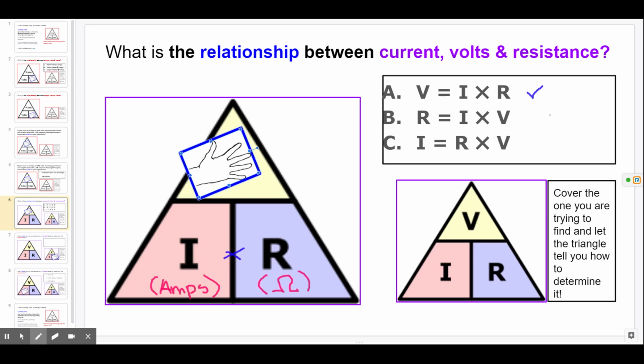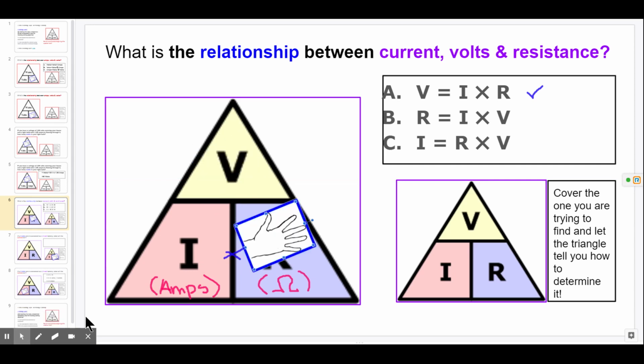Is B correct? Does resistance equal current times volts? Well, if we cover up resistance, what do we see? We see volts divided by current. So current times volts is not correct. B is not going to work.